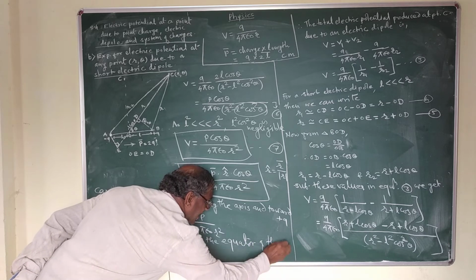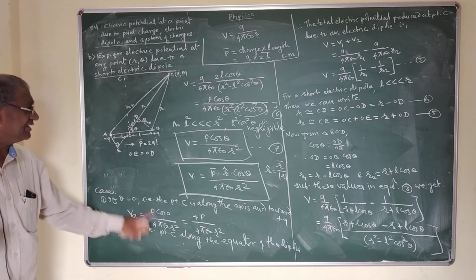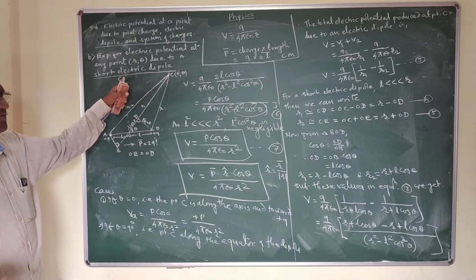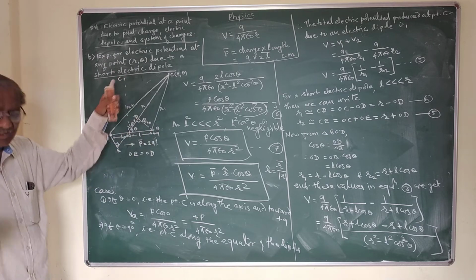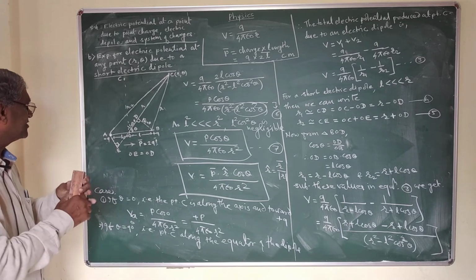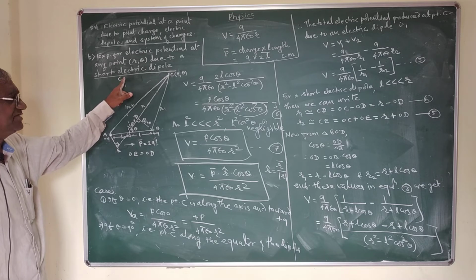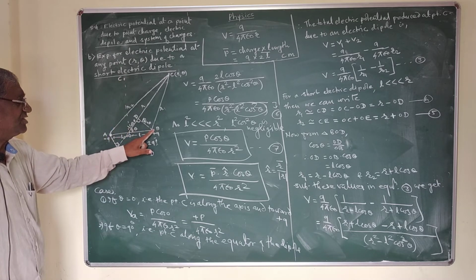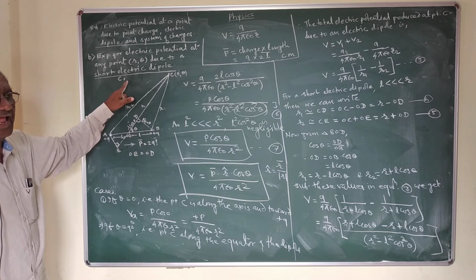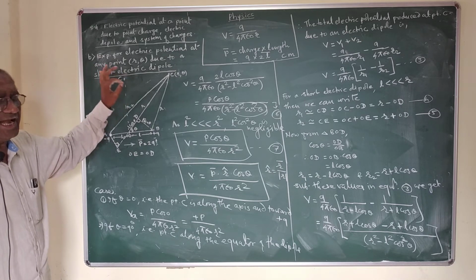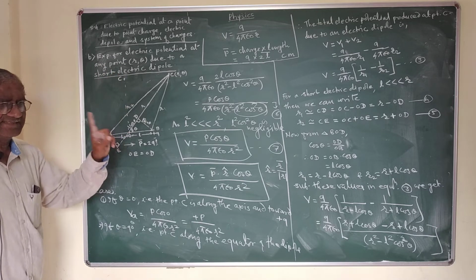Of the dipole, and if the point C is along the equator of the dipole, then this electric dipole produces zero potential, because this minus q charge produces negative electric potential at point C, and plus q charge produces positive electric potential at point C, and this negative and positive electric potential produced at point C along the equator is the same.